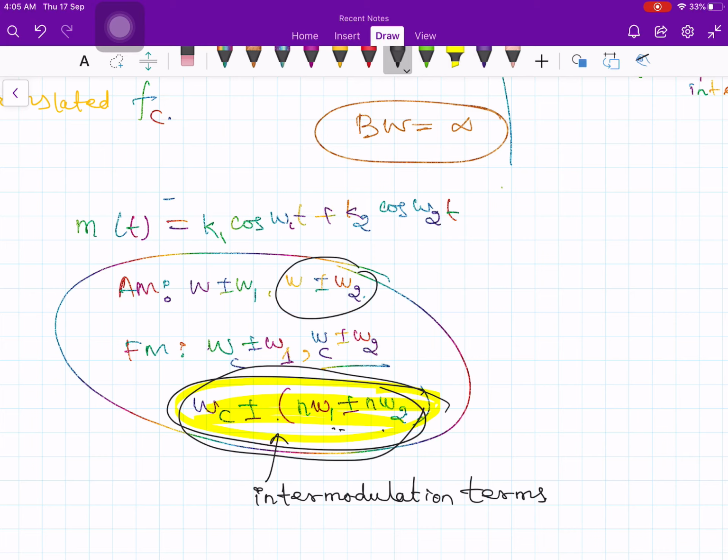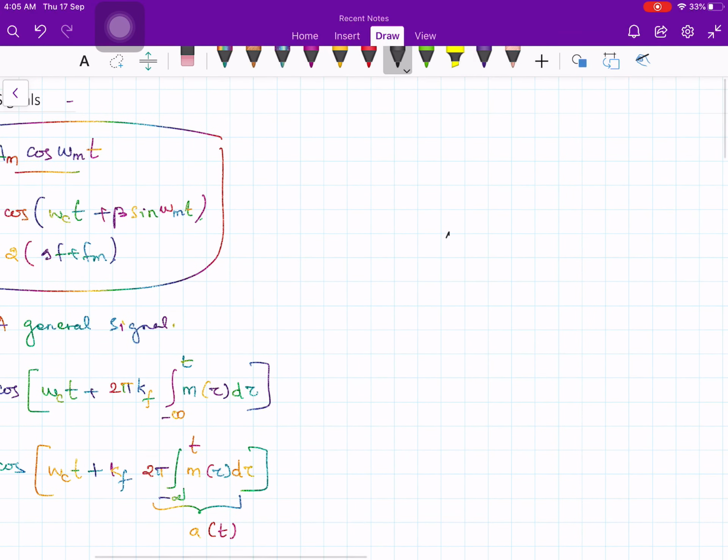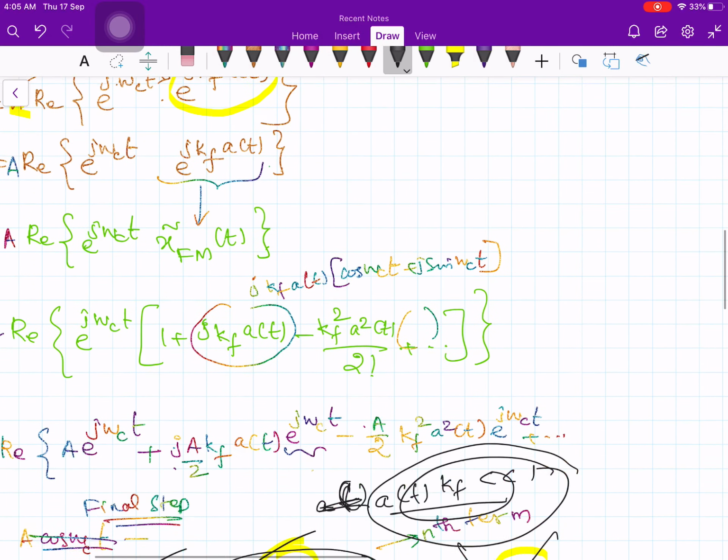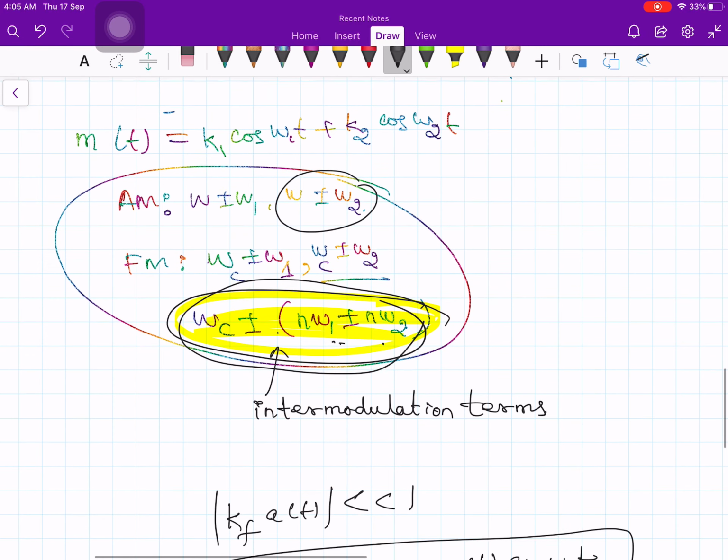Moreover, if the input is an arbitrary signal, what does it mean? It has many components. If you take a speech signal, let's say it starts from 50 hertz, 51, 52, 53, like that. You have many more components, 50 hertz, 51 hertz, 52 hertz, and so on, going up to, let's say, 4000 hertz. There are many frequency components. These all components will add to each other, and finally you'll get n times omega 1 and n times omega 2.